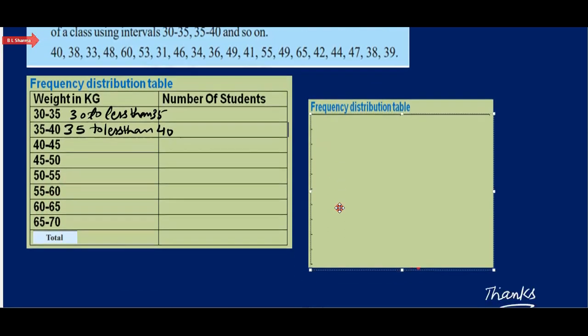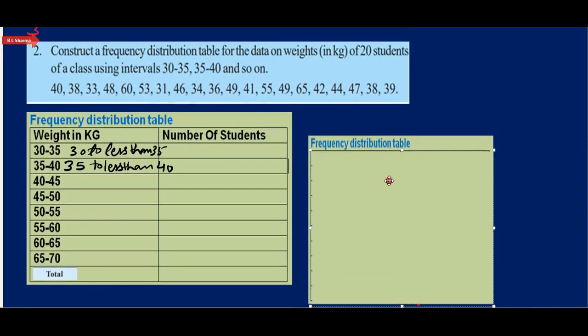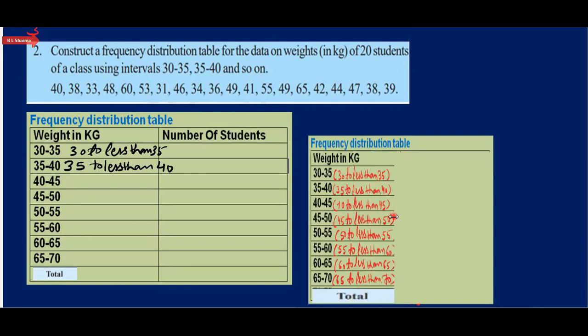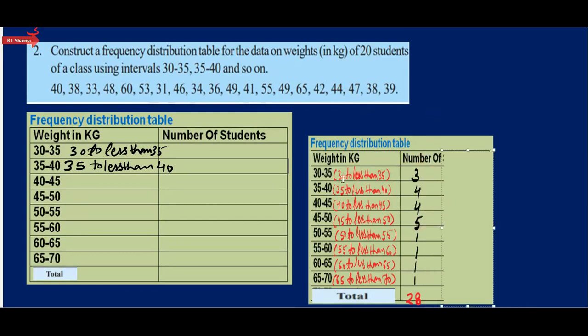So here, 30 to less than 35 kg. Can you count here? मैं एक आपको काउंट करके बताता हूं. देखिए आपको शुरू करना पड़ेगा 30 से लेके 35 से कम तक, मींस 35 यहां इंक्लूड नहीं होगा.